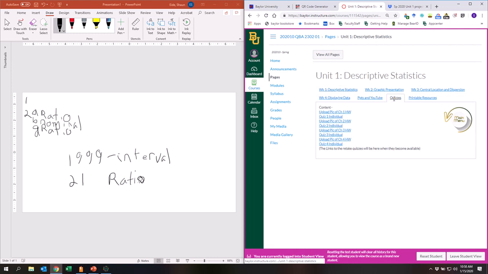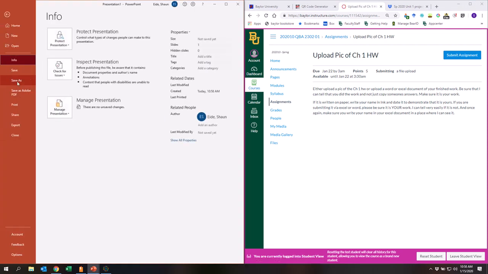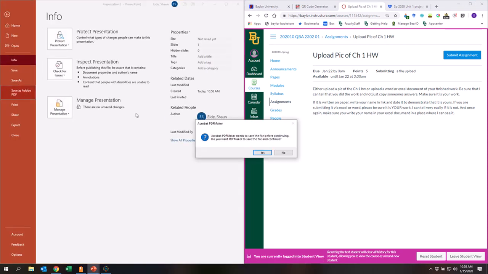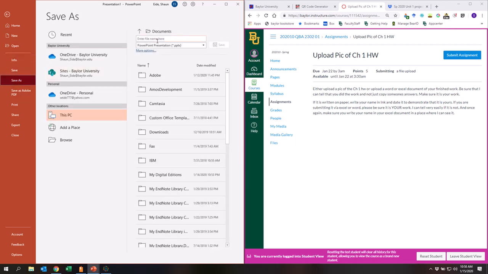So we're going to go to quizzes, and we're going to upload a picture. Ooh, I should save this file. Save as Adobe PDF. No, we'll just do save as file. Let's put Unit 1, Chapter 1 homework.